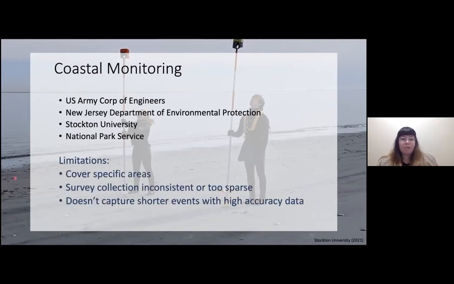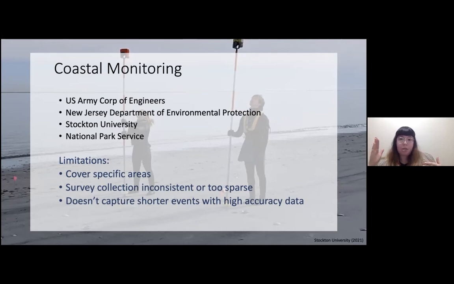One is that some of these only cover very specific areas. The National Park Service is, of course, covering their land. DEP and Army Corps, yes, they can work throughout the whole state, but they're typically on very specific projects that they have large amounts of funding for. And Stockton University, I will note, they do perform, and they have been performing biannual beach monitoring for over 30 years.